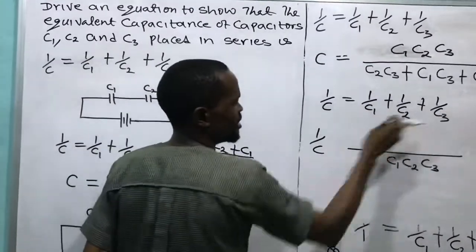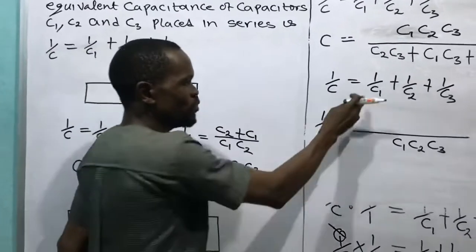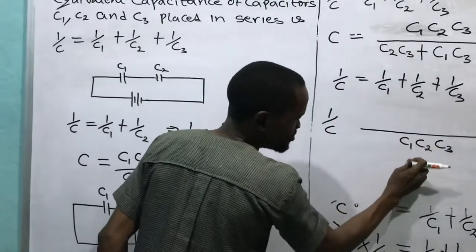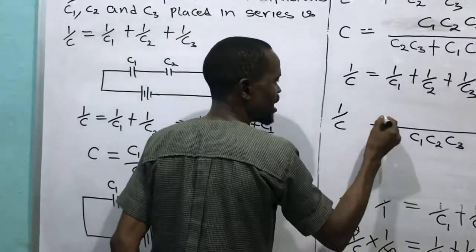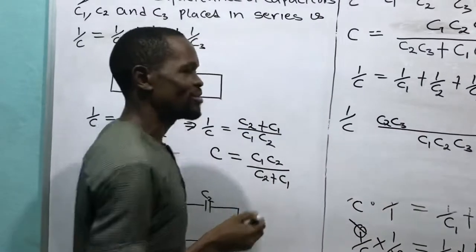That's the LCM, the lowest common multiple. Then we look at it: this one divides, it will destroy itself, leaving these two, C2 and C3, multiplying 1, I will have C2 C3.